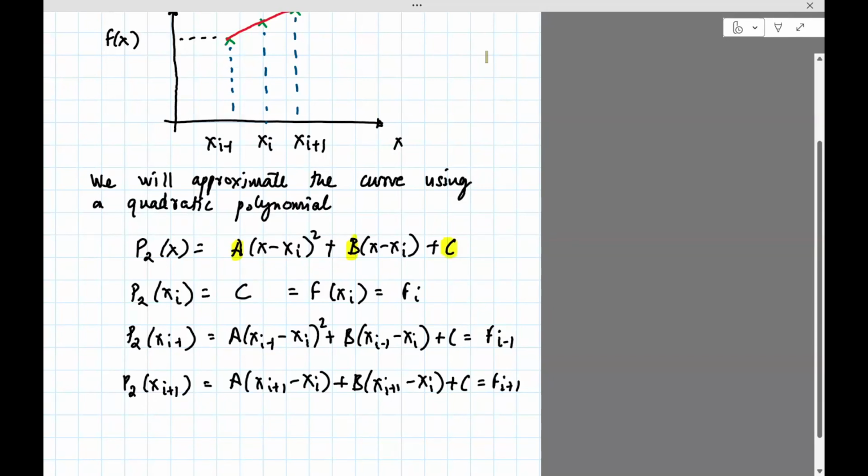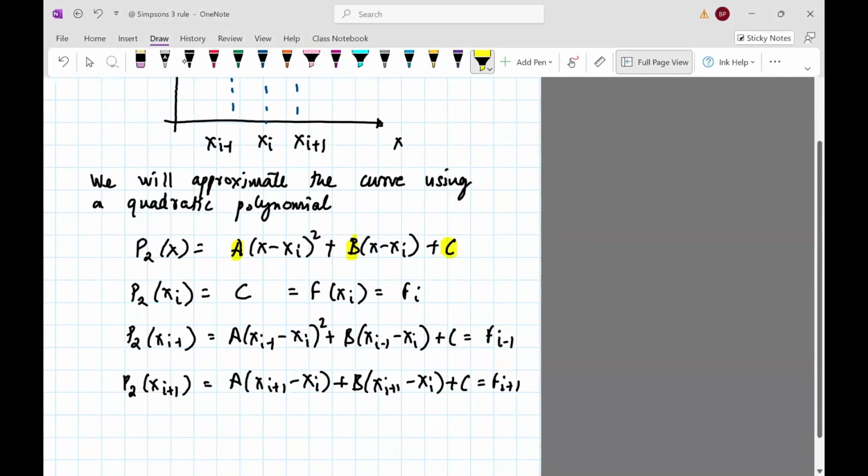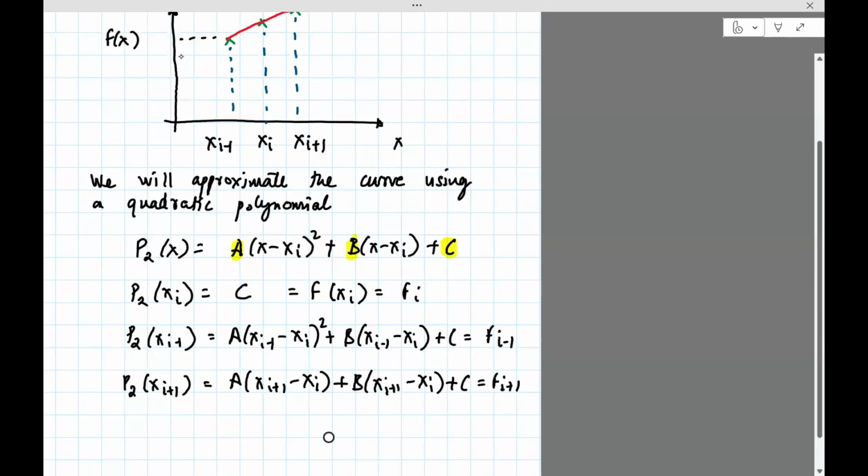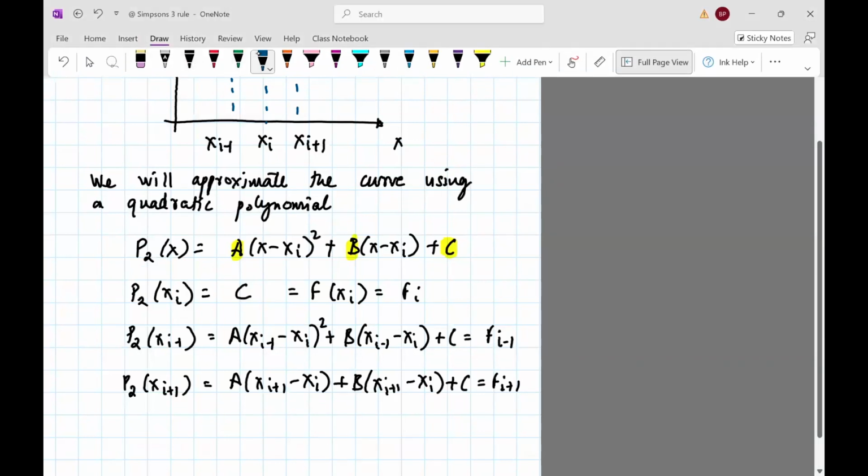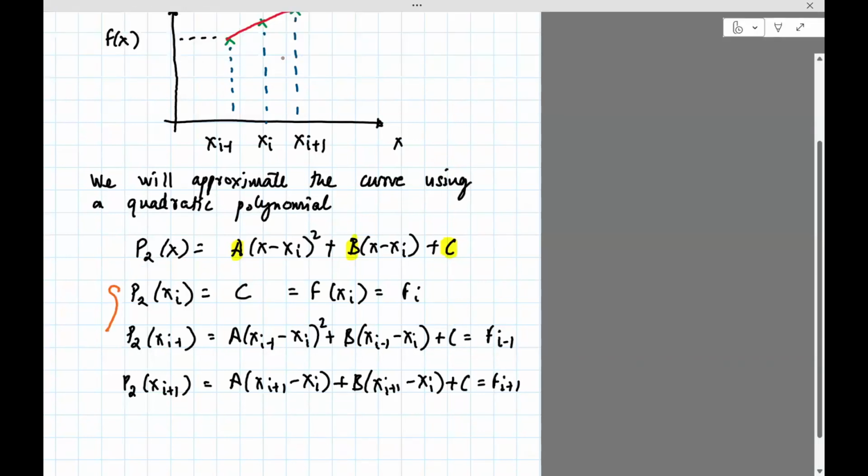So we have 3 unknowns, a, b, and c, and 3 equations for the 3 unknowns. So we can effectively compute the value of a, b, and c.